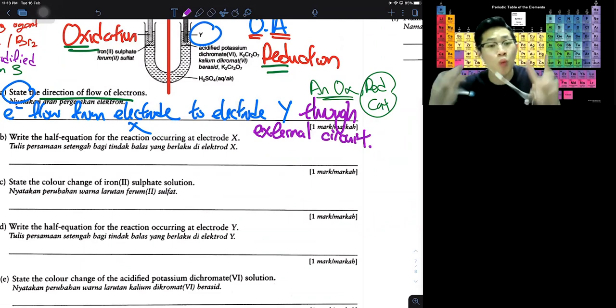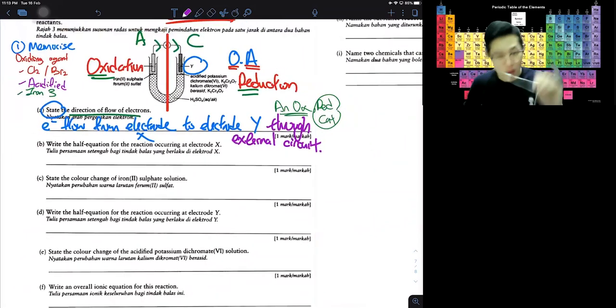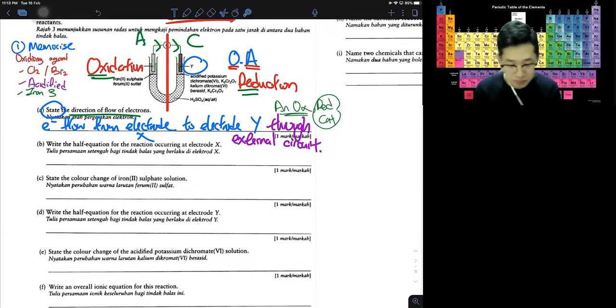External circuit means the wire. If you write wire also can, but usually you write external circuit. That means flow through everything, the voltmeter or whatever. So we just call it external circuit. Internal circuit is the solution.